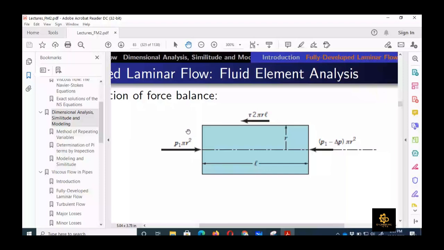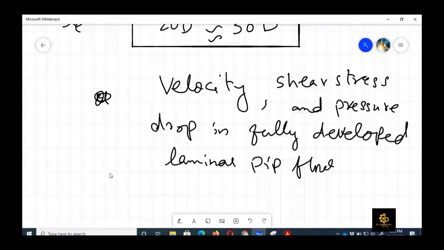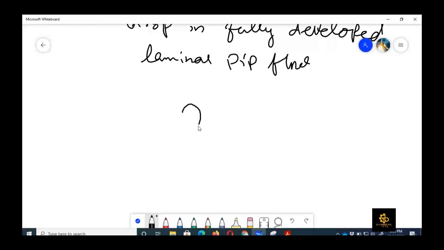So let me draw it here. This element is something like this, right? This length is L, and this is r, which is the radius, and because shear stress acts on the surface, this is r again.